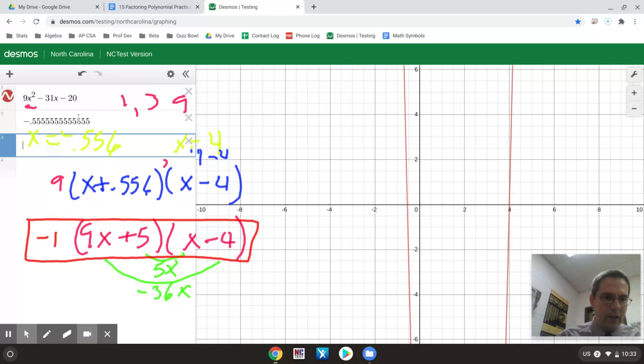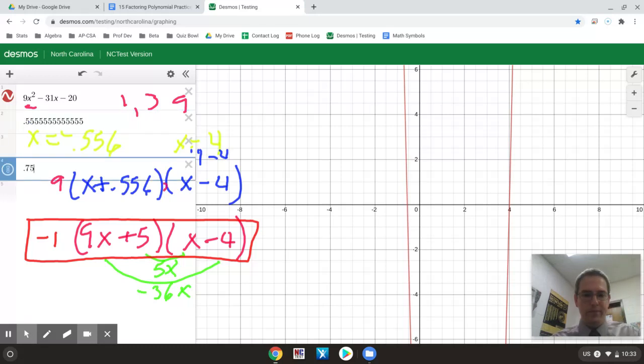I should have an option to convert to a fraction, but it's not wanting to work right now. But sometimes you get a little fraction button, and it will allow you to convert to a fraction. There it is. I don't know why it wasn't showing up earlier. So if I have a repeating 5, it will convert it to a fraction as well.